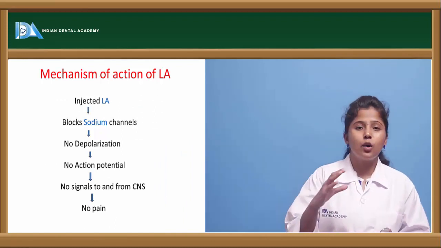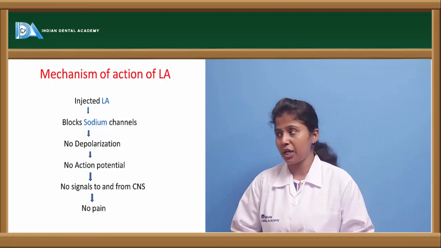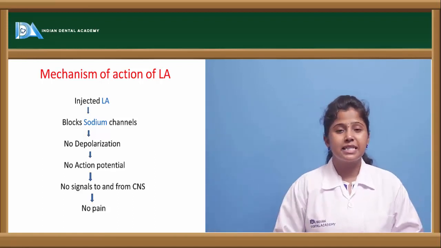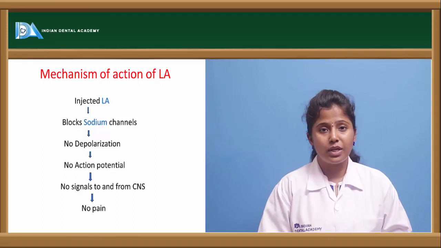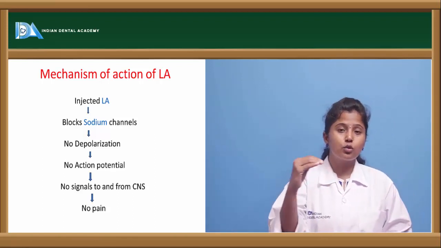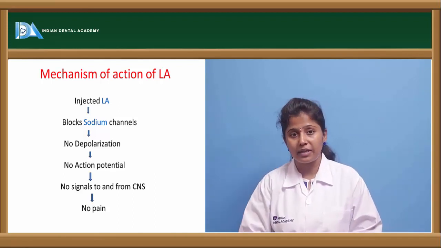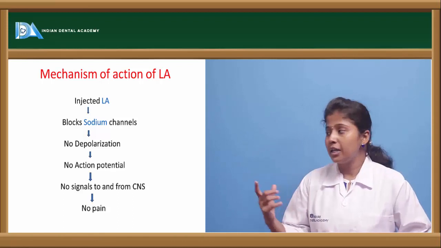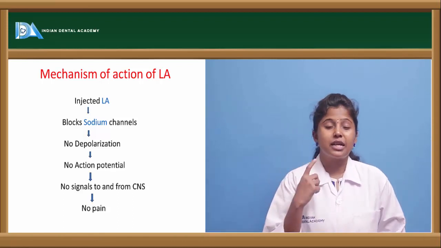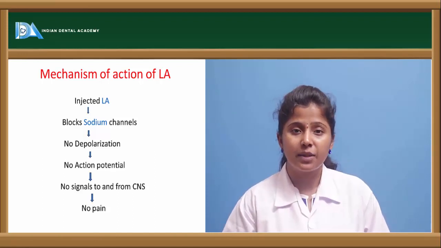Here, let us see how these local anesthetics act on the sodium ionic channels. Once the local anesthetics are injected, they block the sodium channels. They won't allow the entry of sodium into the plasma membrane. If the sodium enters, it will undergo depolarization, and because of the depolarization, the action potential is generated in the plasma membrane.